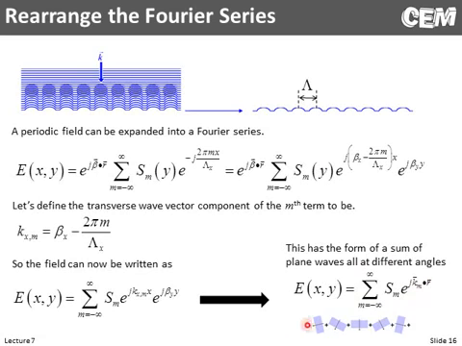So this is exactly the same form as a bunch of plane waves at different angles. So it's not even an analogy, it is exactly that. Any kind of periodic electric field, we can always decompose into a bunch of plane waves at different angles. And Fourier theory says that that has to be possible. So this isn't an analogy, that is reality.